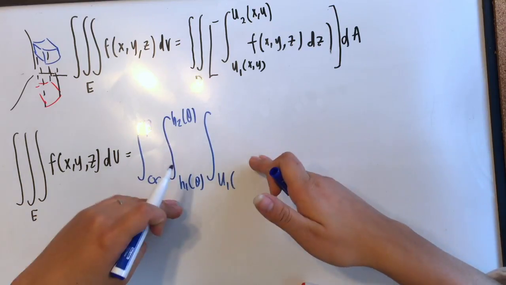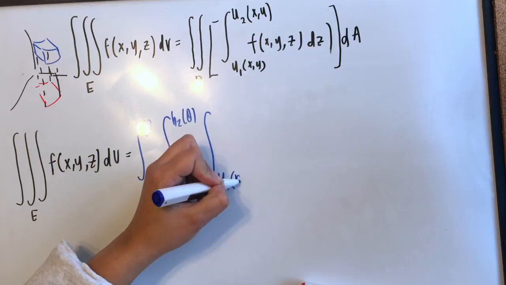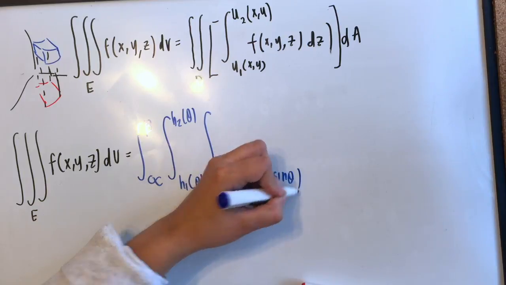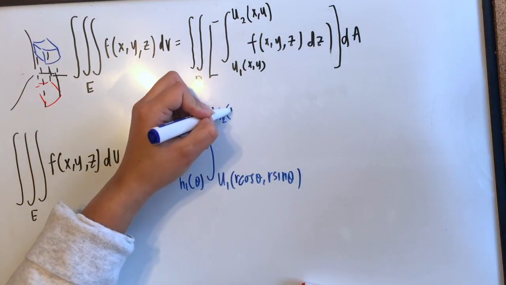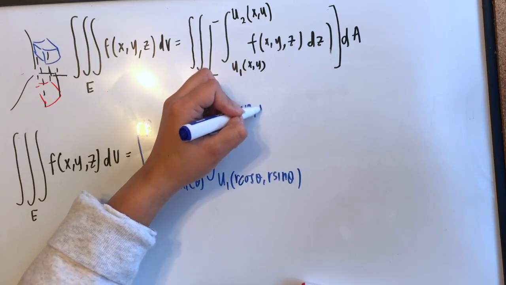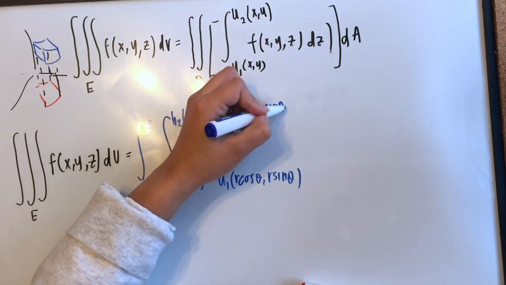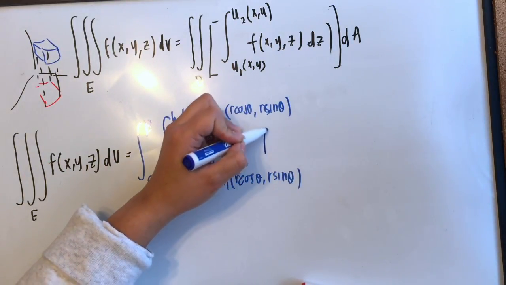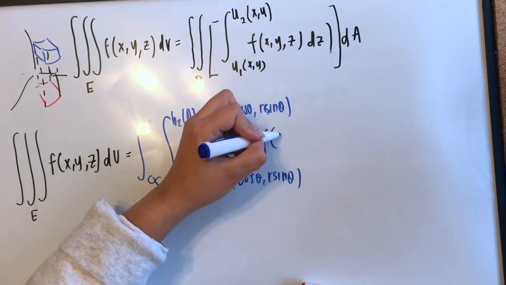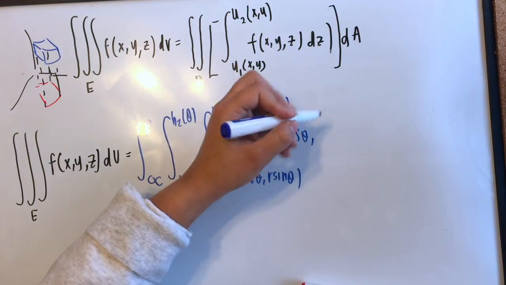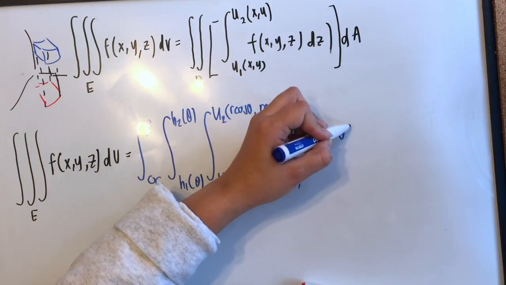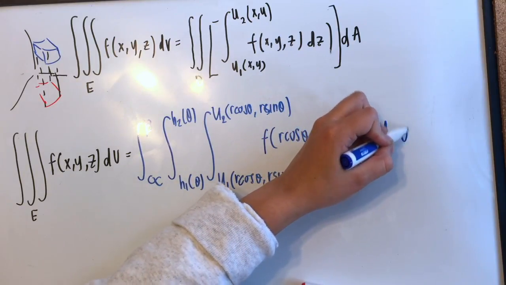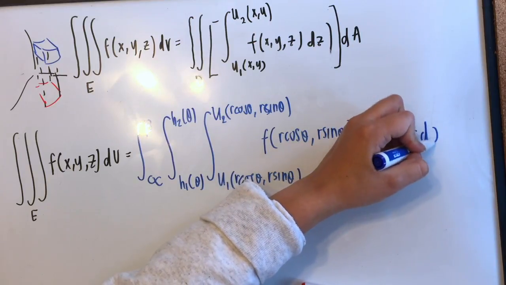We're just basically putting that into integral format. Remember how we also plugged in our polar coordinates? We're doing the exact same thing here. And so our function would also be r cosine theta, r sine theta, r dz, dr, d theta.